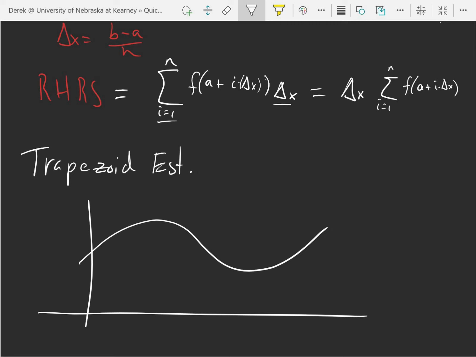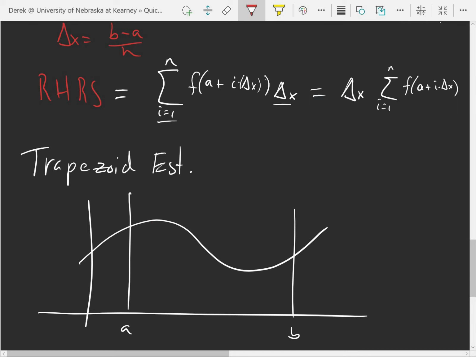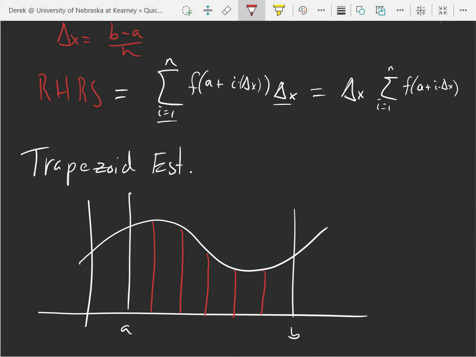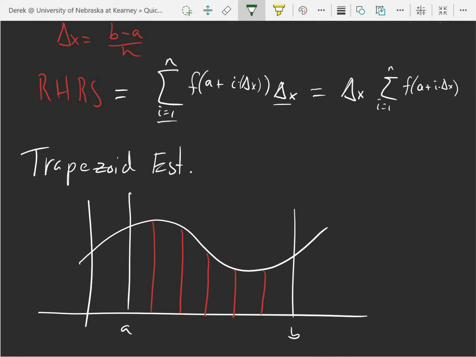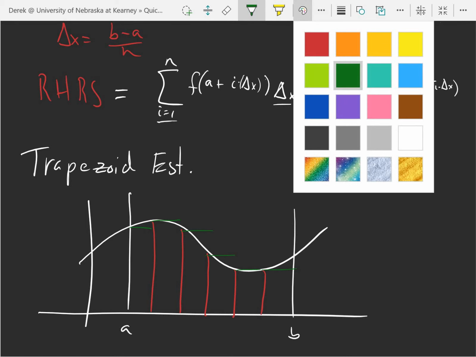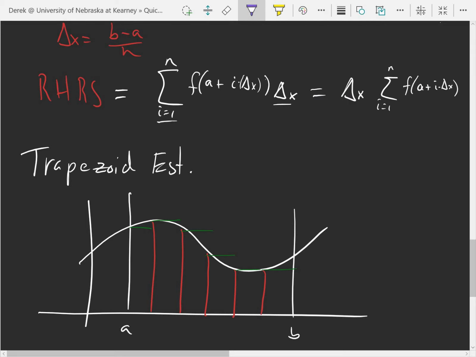So we can go from A to B with an estimate. We have a uniform partition. I'm going to take my left-hand estimates, or the green ones, and we'll take the right-hand estimates, which are the purple ones.